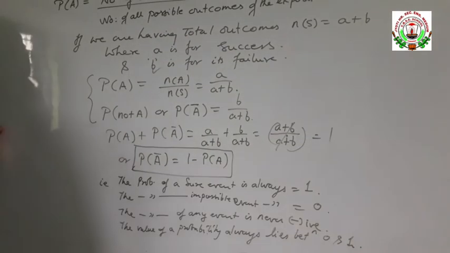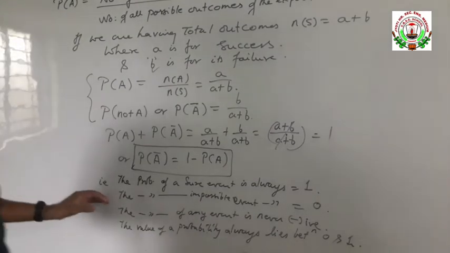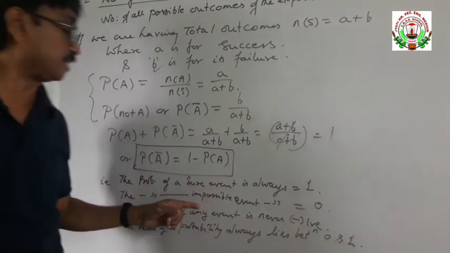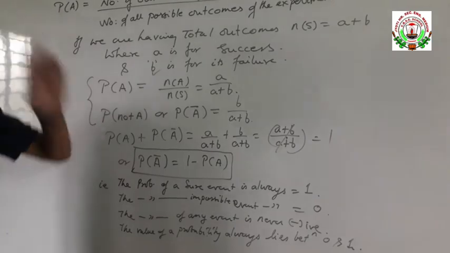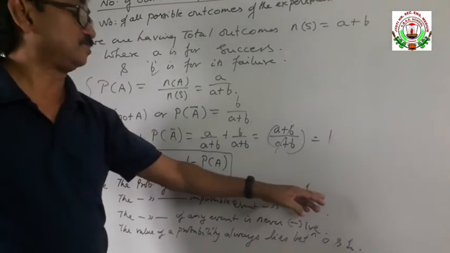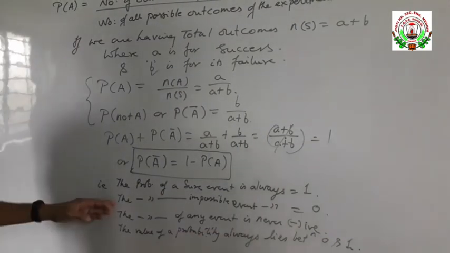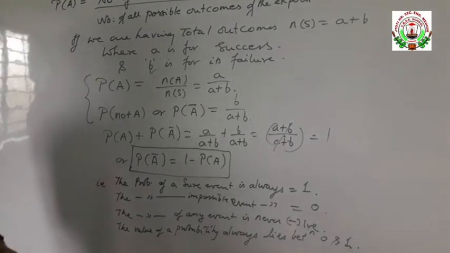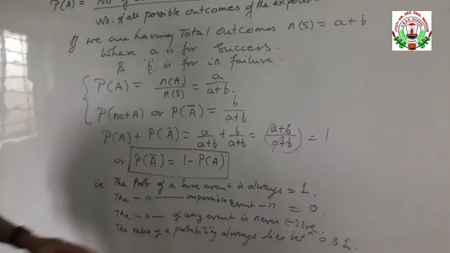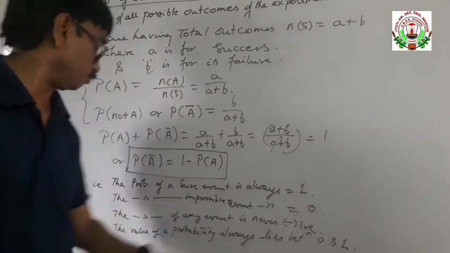So these are a few of the points. The probability of a sure event means that it will 100% occur, so it is equal to 1. And the probability of an impossible event means that the event will not happen, so its probability will be 0.